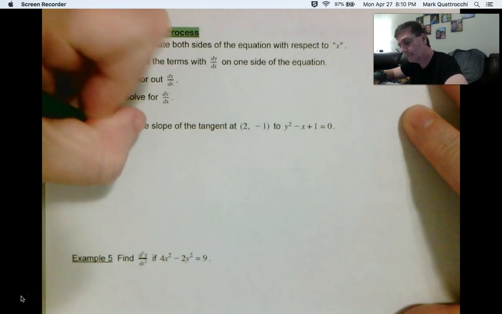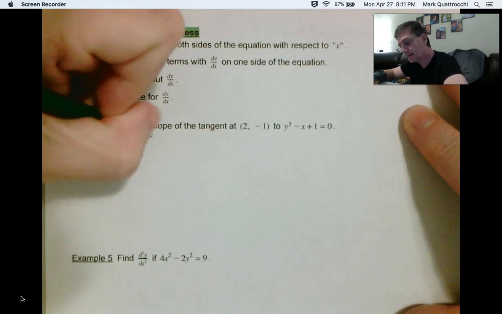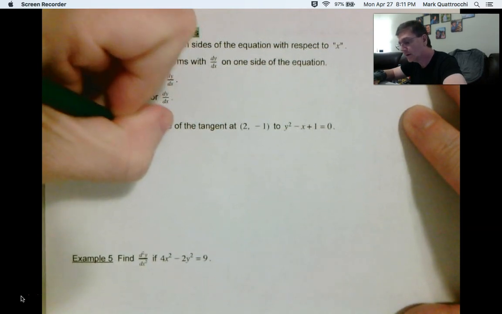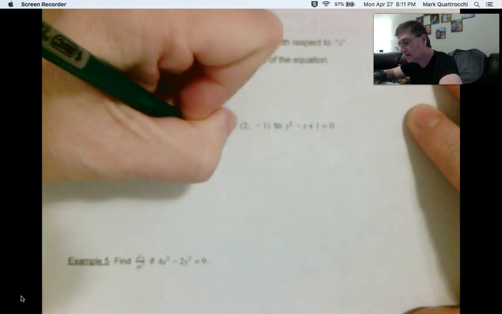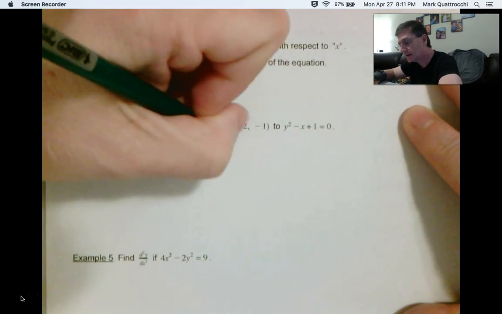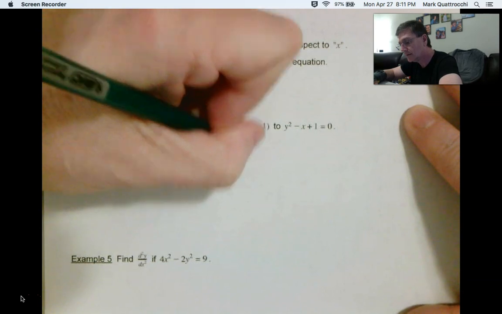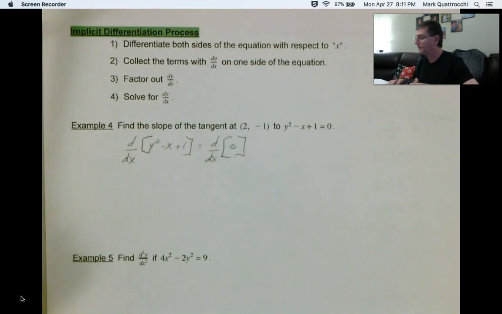So again, d/dx of y squared minus x plus 1 equals d/dx of 0.